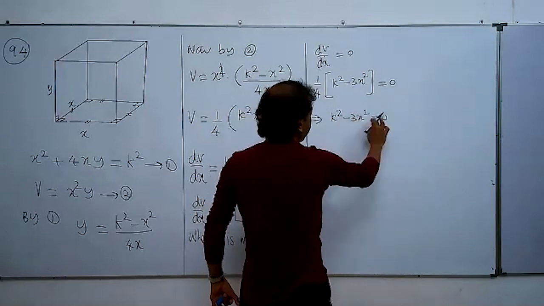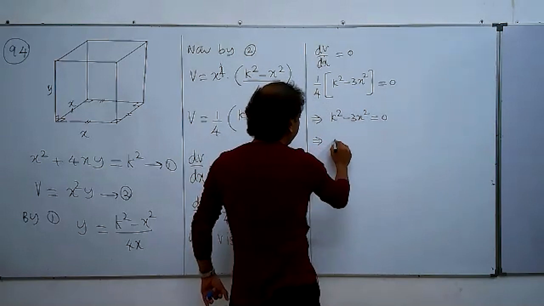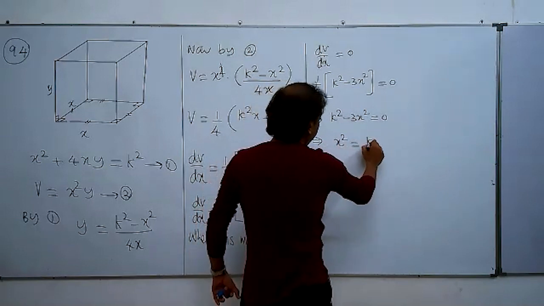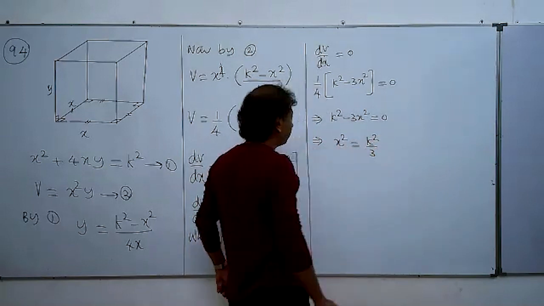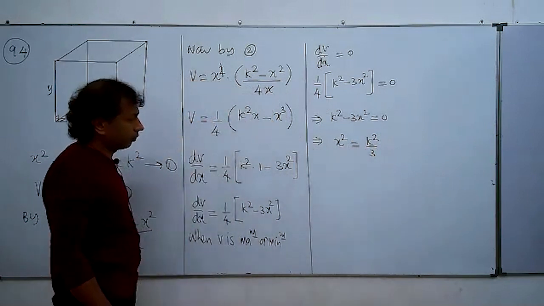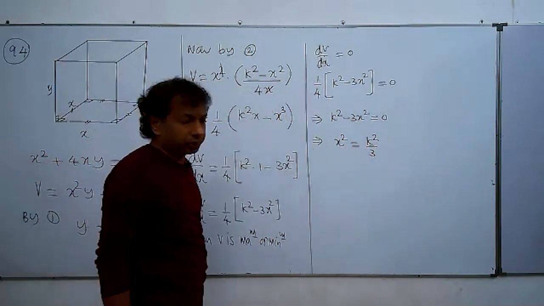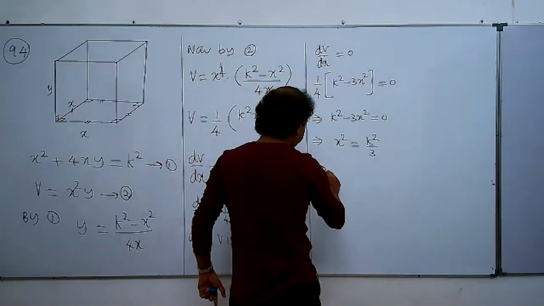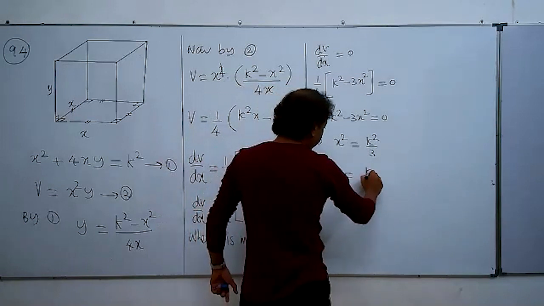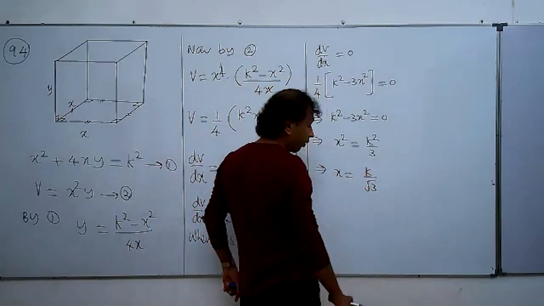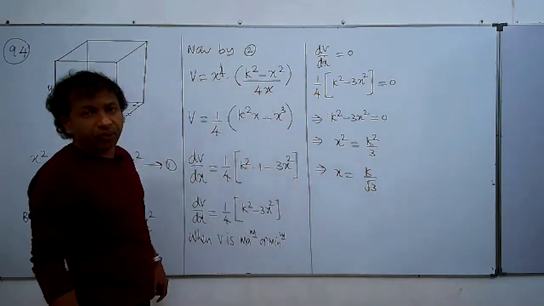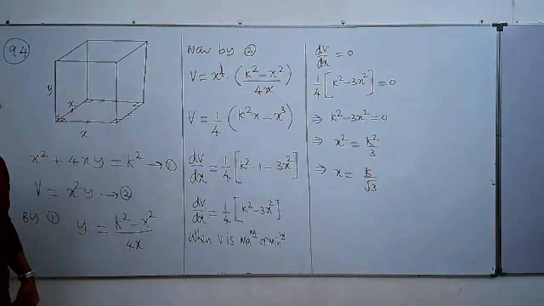Take this right hand side and subject x squared. x squared will be k squared by 3. When we subject x, taking root, x is k upon root 3. We don't put plus or minus on the right hand side. Why?